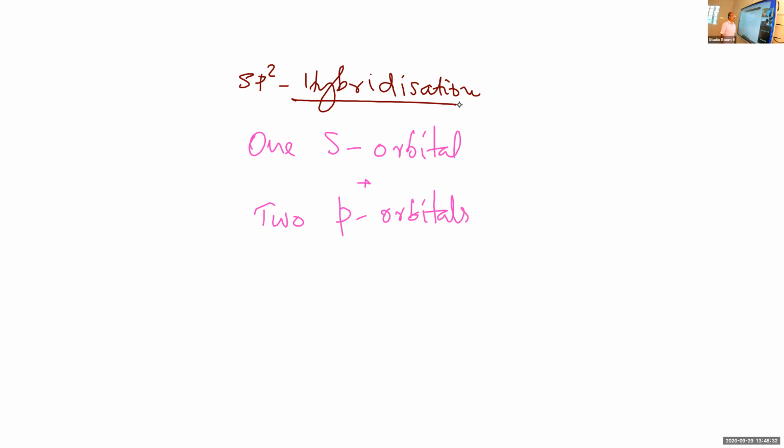So the mixing of one s orbital and two p orbitals is called sp2 hybridization.